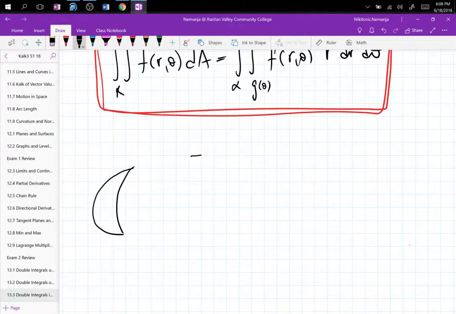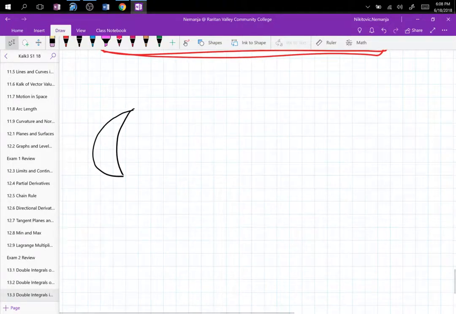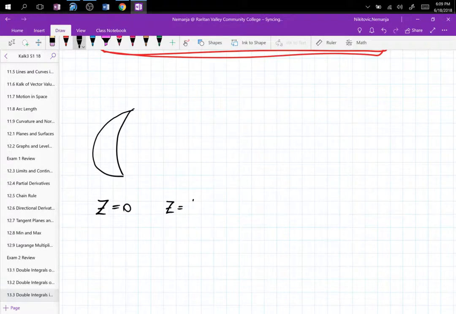So let's use z equals 0 for the bottom and z equals 16 minus x squared minus y squared.